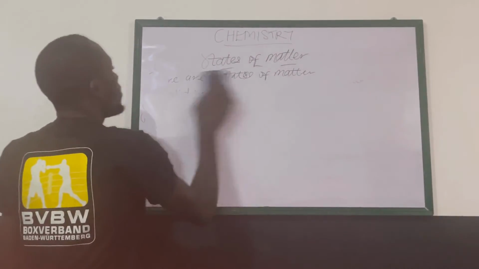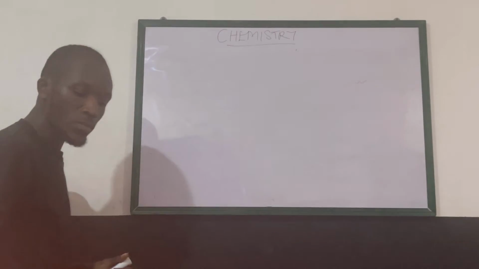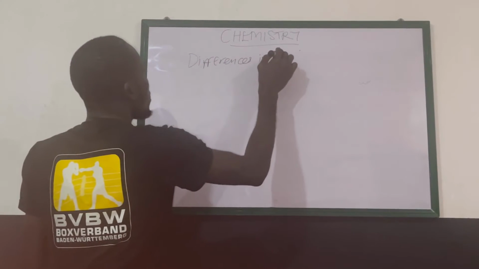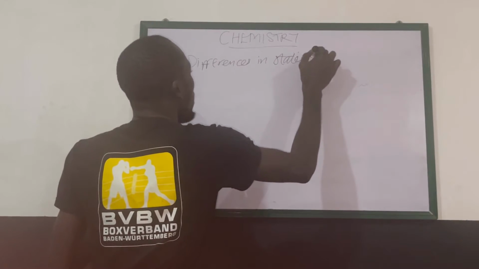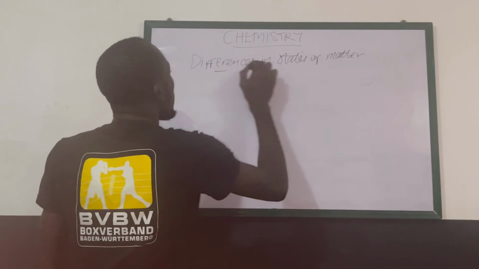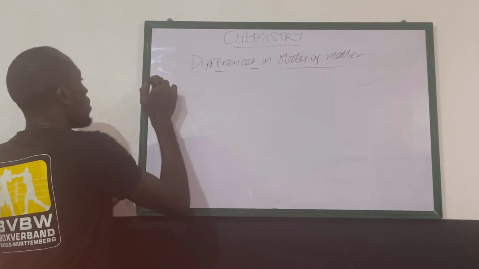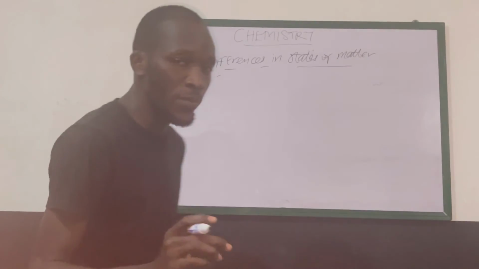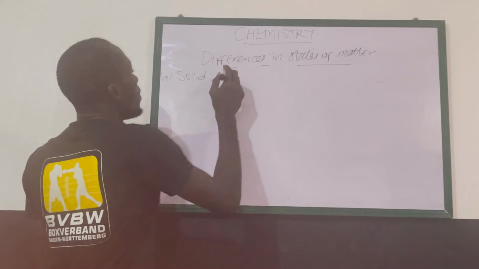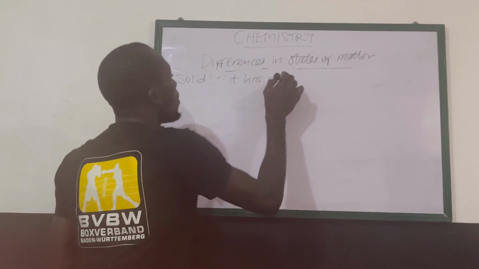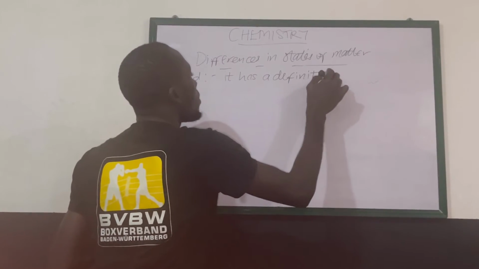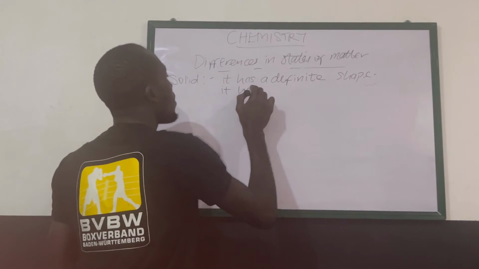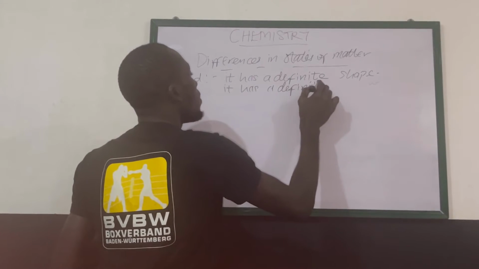Difference in states of matter. The first one I'll talk about is solid. A solid has a definite shape, and it also has a definite volume.